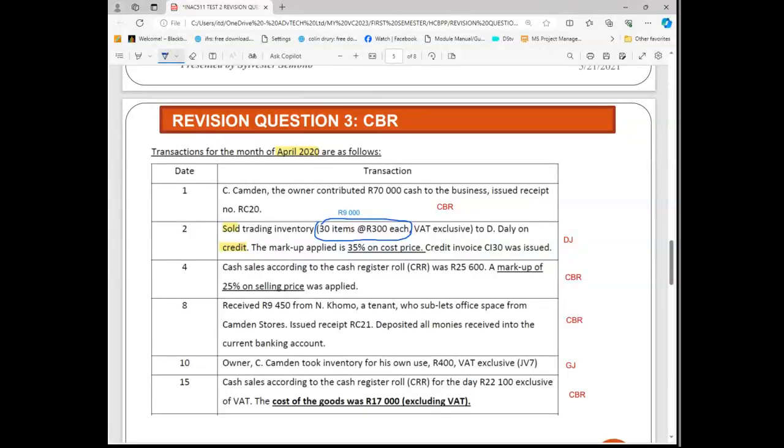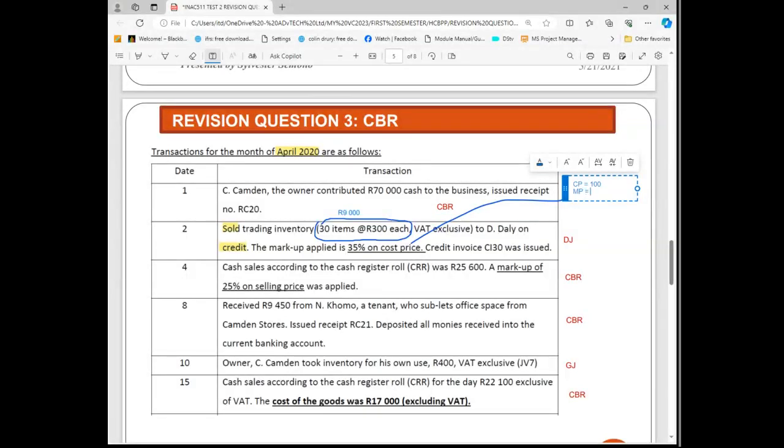Let's analyze this markup. So CP, cost price, is on 100. How much?